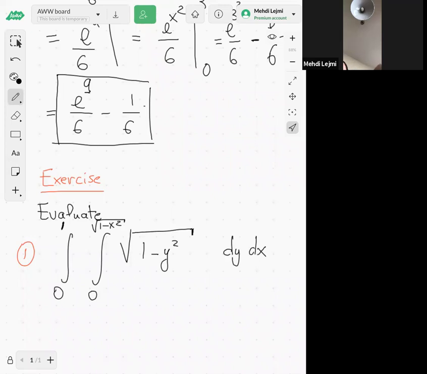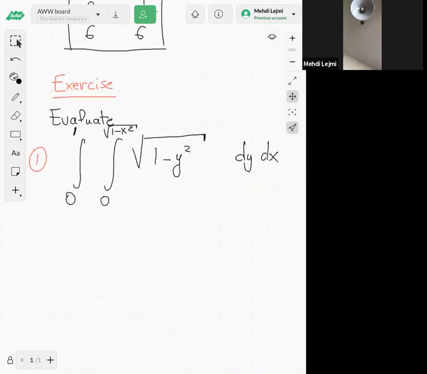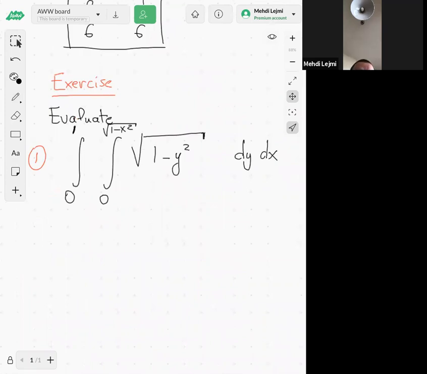As you can see in this first integral, we have to integrate the square root of 1 minus y squared with respect to y first. But there's a problem because it's not just 1 minus y squared, it's the square root of 1 minus y squared.